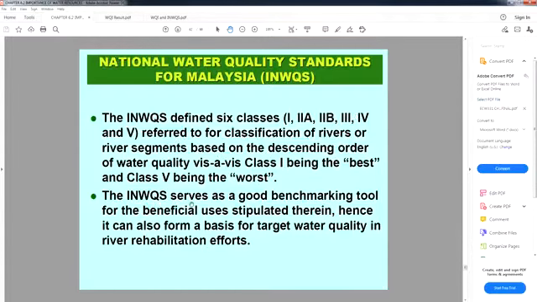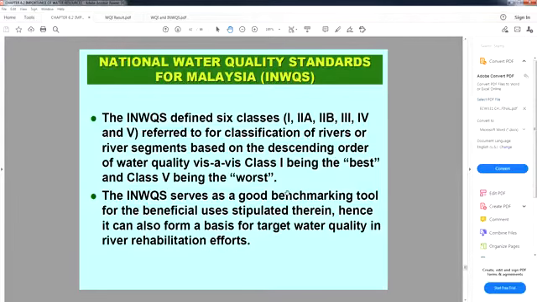So INWQS serves as a good benchmarking tool for the beneficial uses stipulated therein. Hence, it also can form a basis for the target water quality in river rehabilitation efforts. So we can use this as a benchmarking tool to determine whether the quality of the river is good or not.